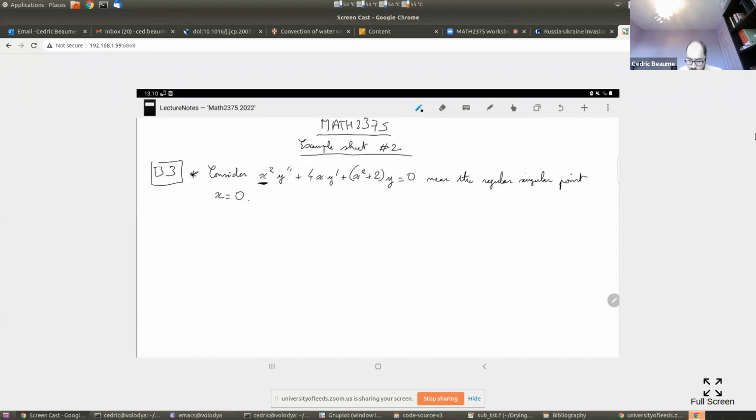And the first question that we ask is essentially: find the indicial equation associated with the Frobenius series solution.